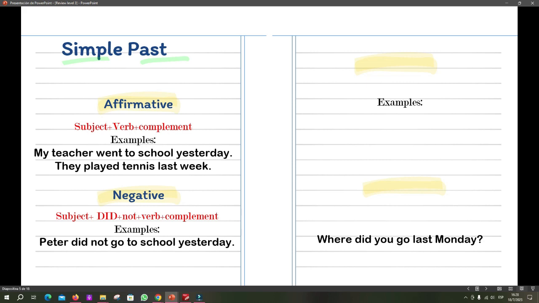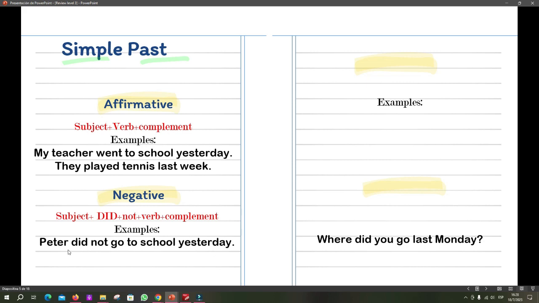That's an example, right? Here you have the subject, Peter, then you have did, that is the auxiliary, the word not, and the verb in the base form because you're using the auxiliary did here. So, Peter did not go to school yesterday.